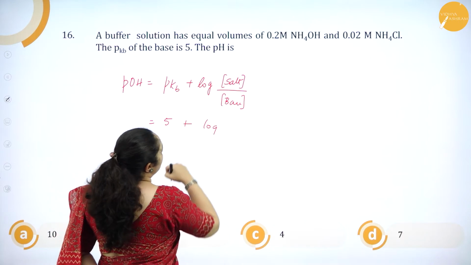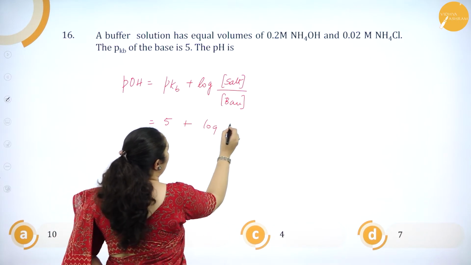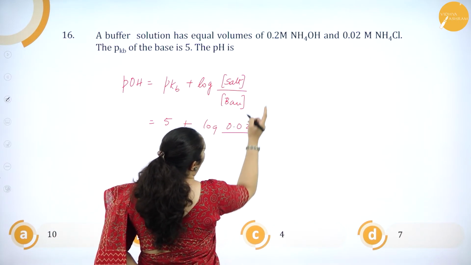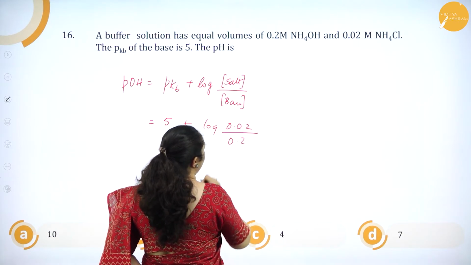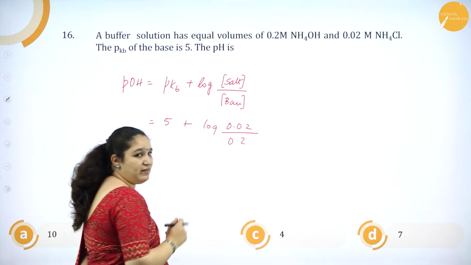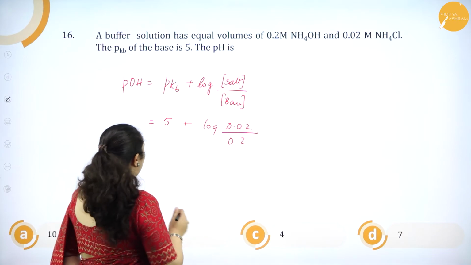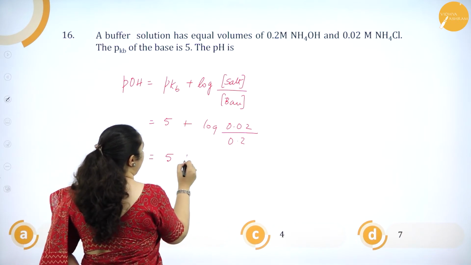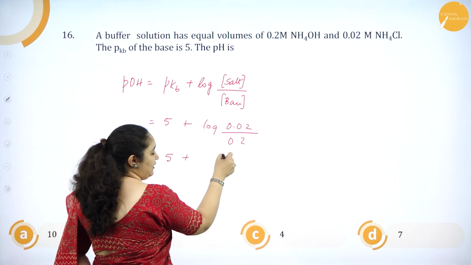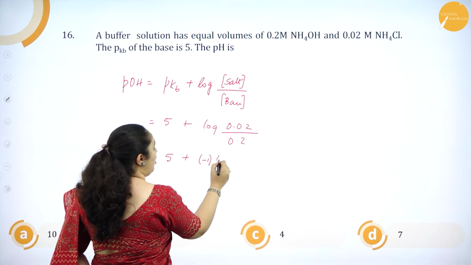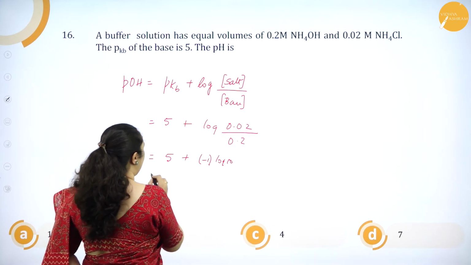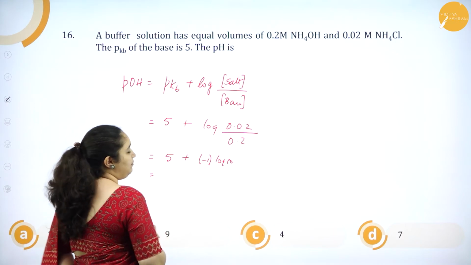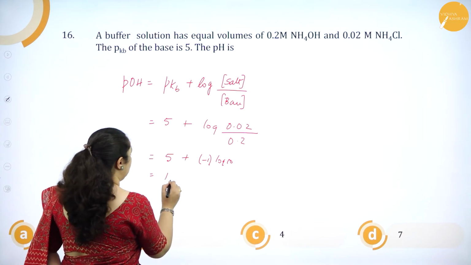Log of molar concentration of the salt ammonium chloride is 0.02, of the base ammonium hydroxide is 0.2. This is nothing but 10 to the power minus 1, correct? So I'll get it as 5 plus log of 10 to the power minus 1, which is minus 1 log 10. Log 10 is 1. So here 5 plus minus 1 is 4, correct?